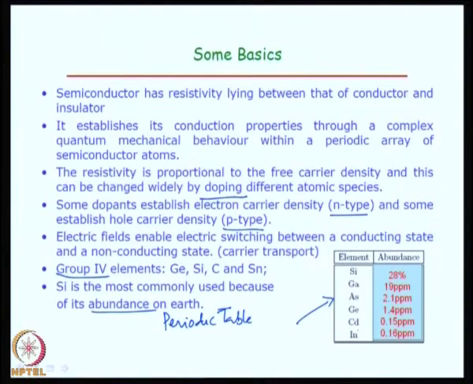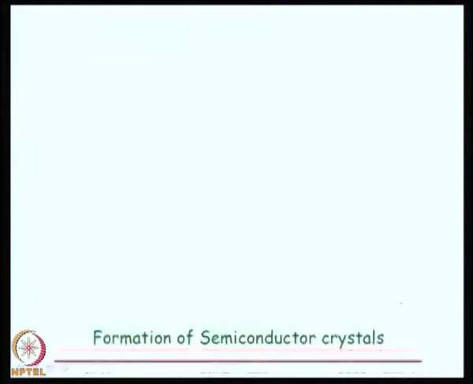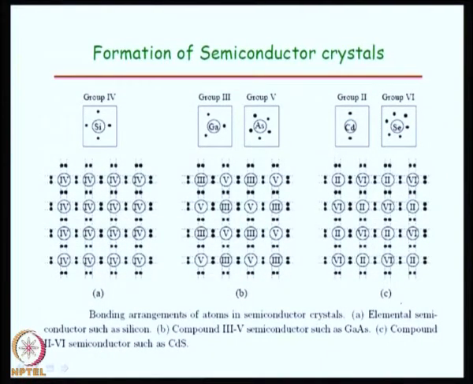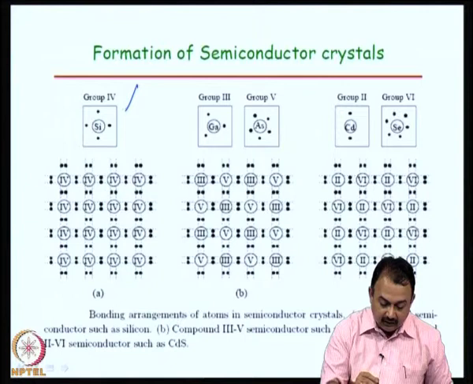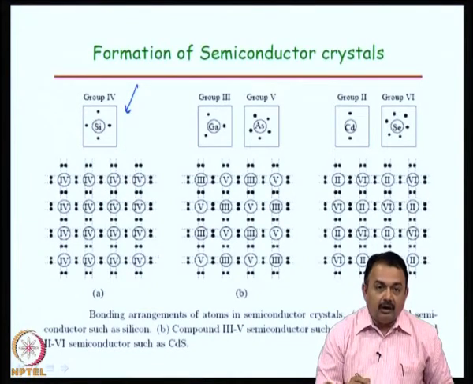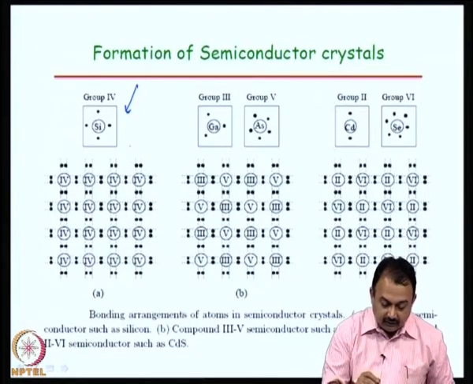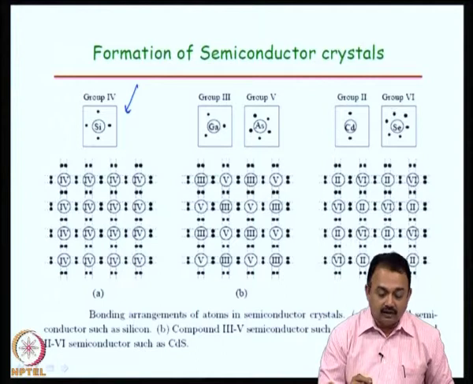So, if you are going to use compound semiconductors, you will be using some of the other materials that have been listed here. Now, briefly, if you look at the formation of semiconductor crystals, this is a group 4 element, silicon, and what I have depicted here is the outer shell electron configuration. It has 4 electrons in the outer shell.